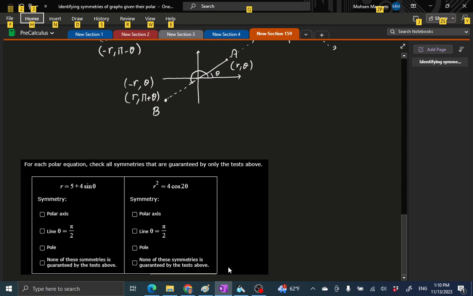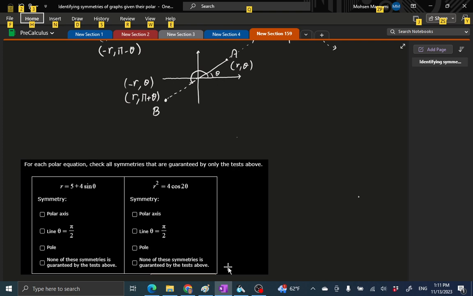Okay, to answer these questions we can do it one of two ways. If the curve is something that is familiar to us, then we can go through our knowledge of those curves and answer what type of symmetry it has. If the curve is not familiar to us, then we can apply the test to it. So for example, you remember this is a limacon.